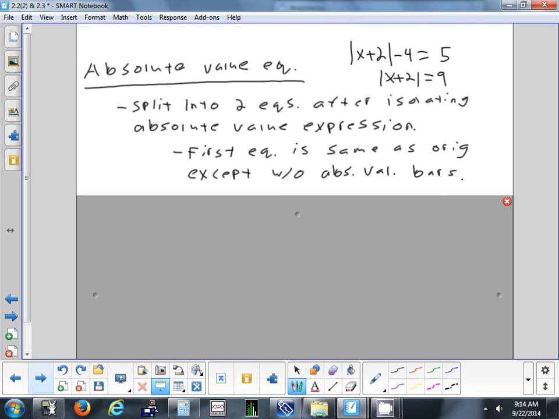Okay, when you split it up, the first equation you get is exactly the same as the original, except you just take out the absolute value bars. That's it. So if we were doing this one, it would be x plus 2 equals 9. That would be your first equation.